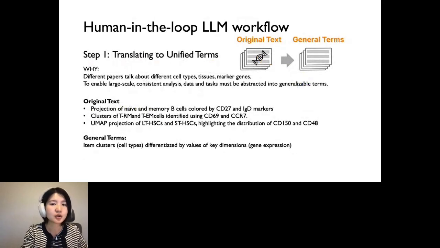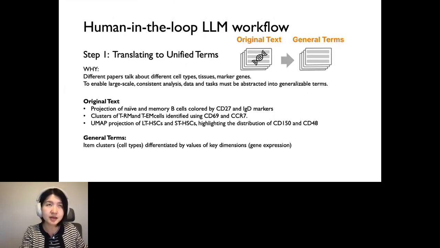The first one is translating the original text that is about a specific biological analysis or insights to a more standard and generalizable description of the data formats and analysis tasks. Why do we want to do something like that?